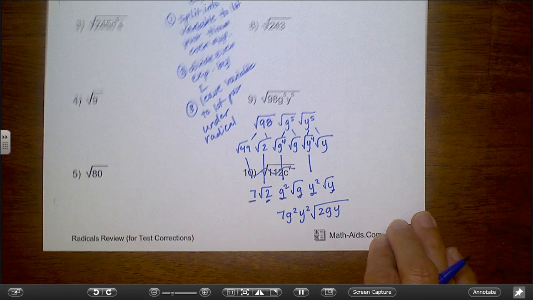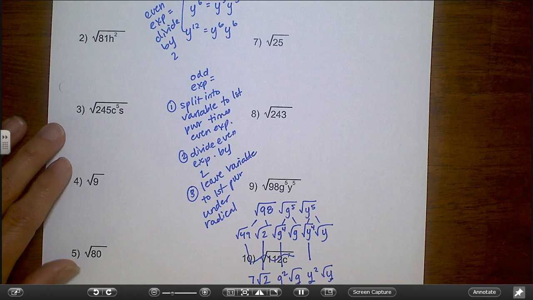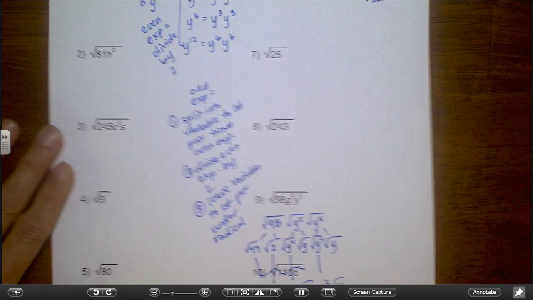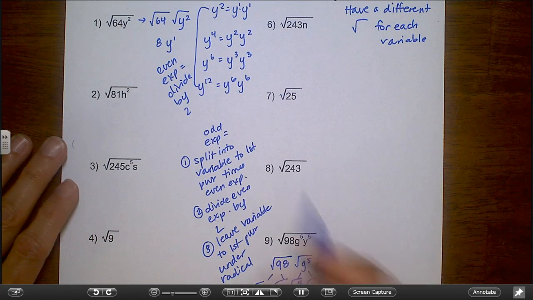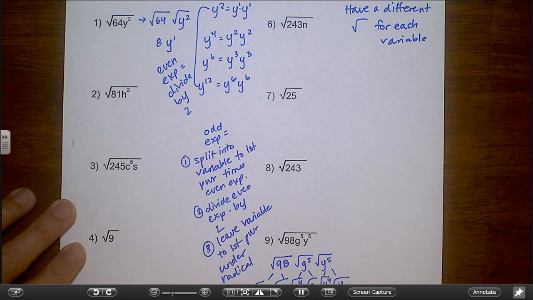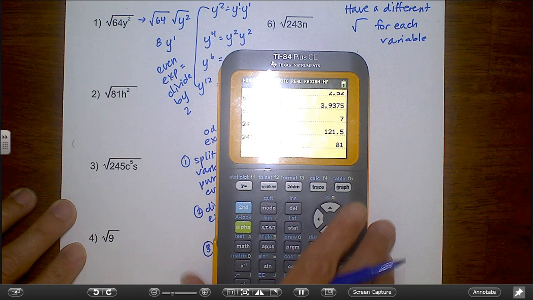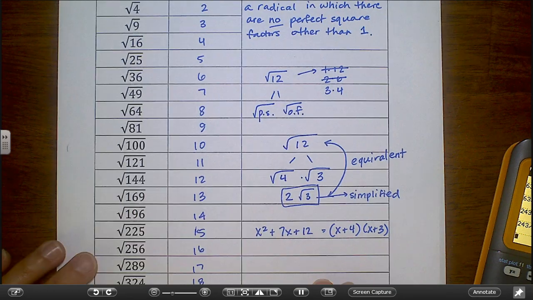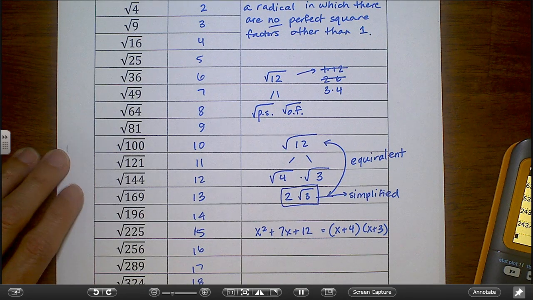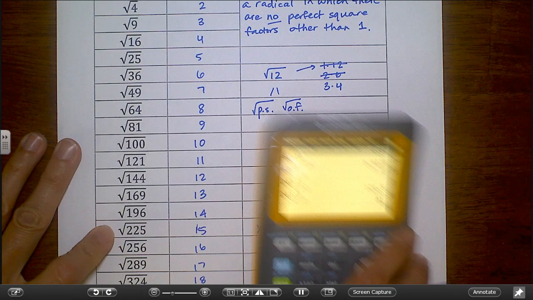All right, let's go up to 245 c to the 5th times s. All right, so 245, you're going to want your trusty little list here. You can start at 225 and go up.